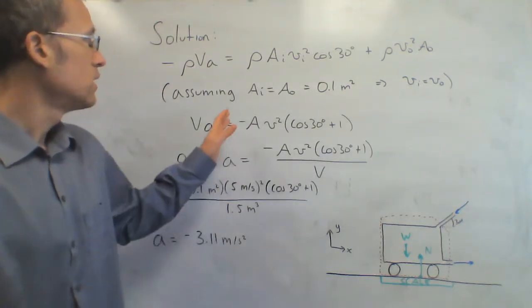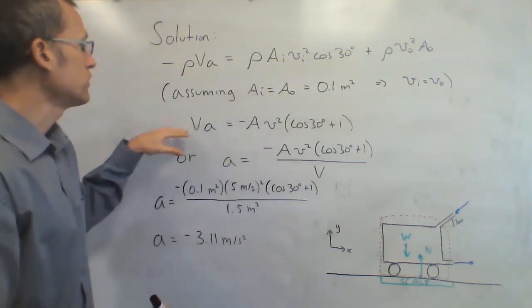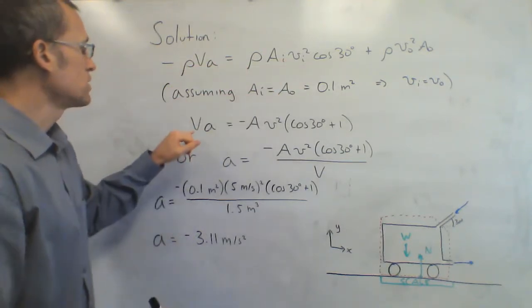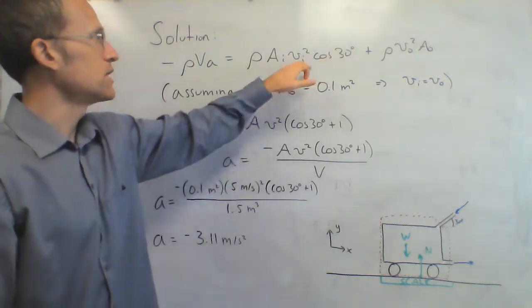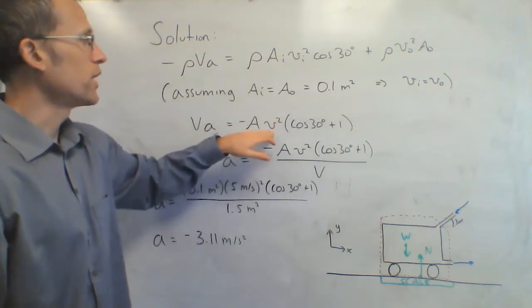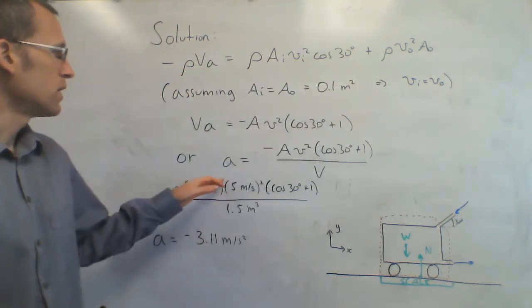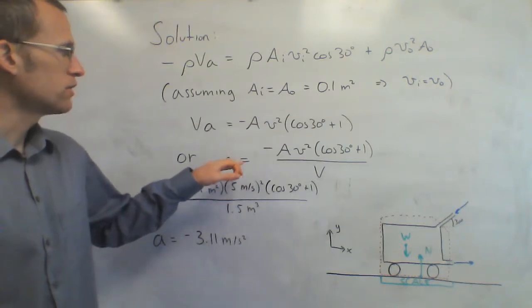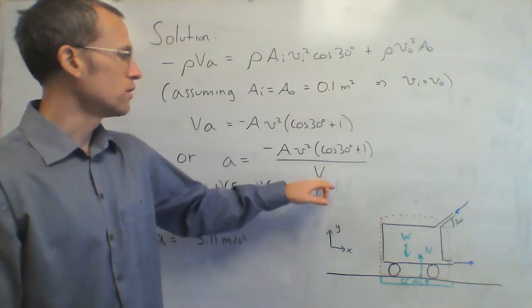So now that I have that, I can basically divide by rho everywhere, move the minus sign to the other side, so volume times acceleration is negative, these A's and V's are the same, so A V squared, pull that out, I have cosine 30 plus 1, then divide by volume, so my acceleration is negative area, velocity squared, cosine 30 plus 1 over volume.